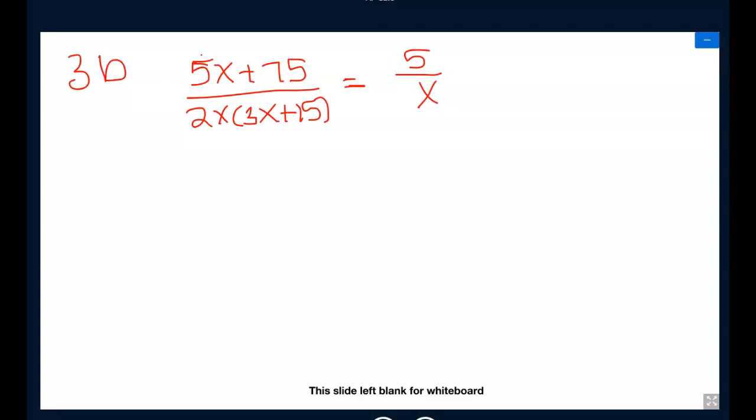So you get 5x squared plus 75x equals 5 times 2 is 10x times the 3x plus 15. And then we're just going to distribute, simplify, and stop.